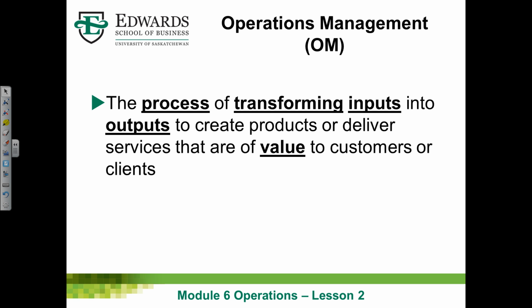What I've done in the definition that you see on the PowerPoint is I've bolded and underlined key aspects of the operations management definition. I want to emphasize the notion here that OM is a process.